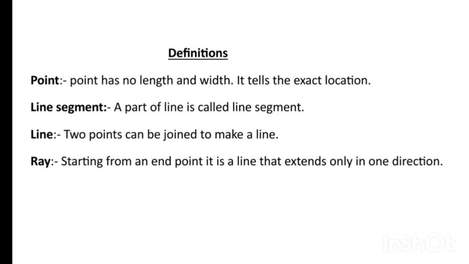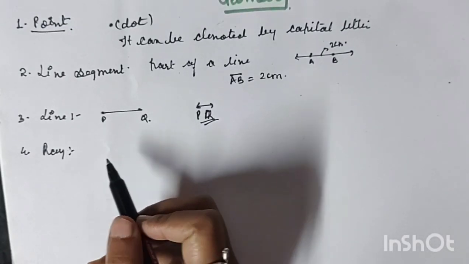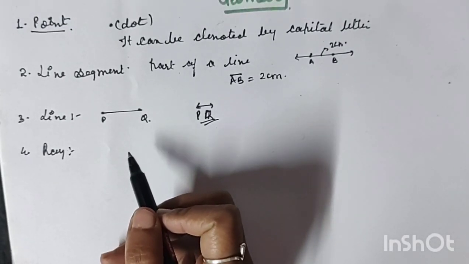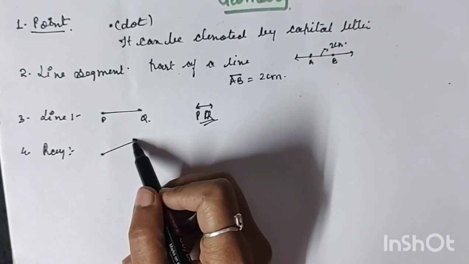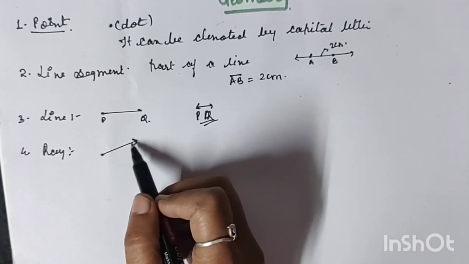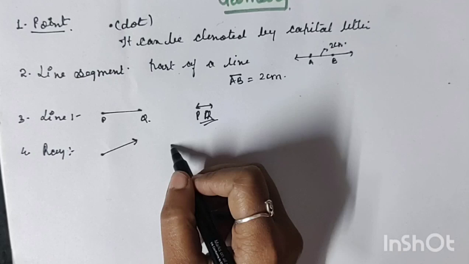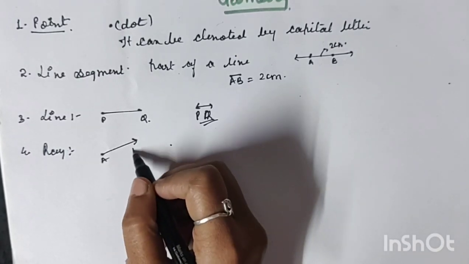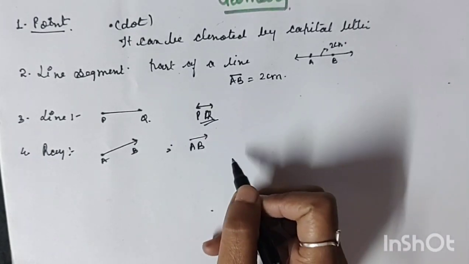Ray is a straight path that has one endpoint and goes on and on in one direction. See, this is your ray, right? One endpoint is known, and other point is unknown. So here we can say if AB is ray, then it is denoted by AB like this.